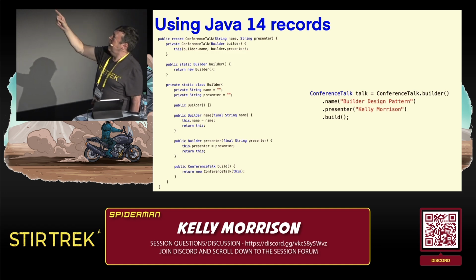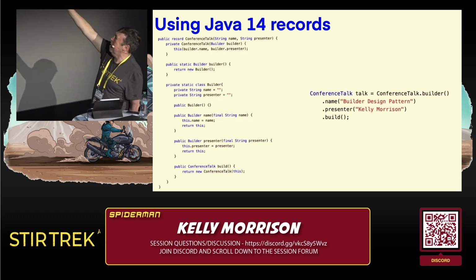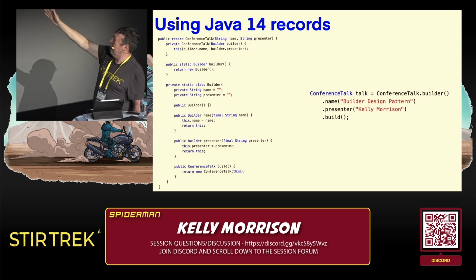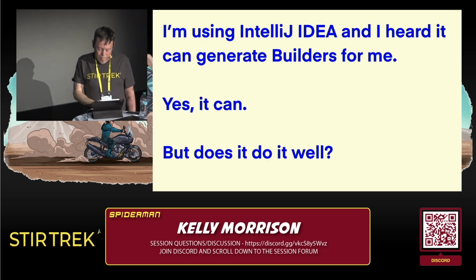Now, this is a little different than what we've used before, and it's actually a pattern I don't like very well. Because what we're doing is we're taking one of our construction classes and putting it in the final object. And I don't like that. I'd really rather pass things in by name. But this is a technique you see sometimes. You just pass the builder itself and then pull things out of it. But anyway, that's one way of using Java 14 with it.